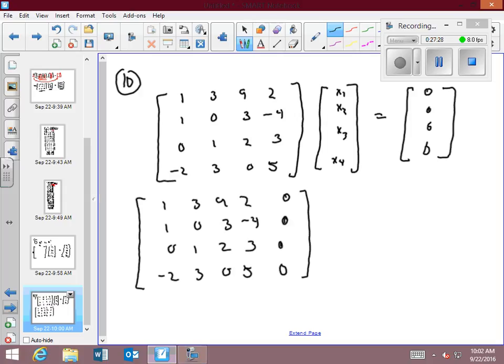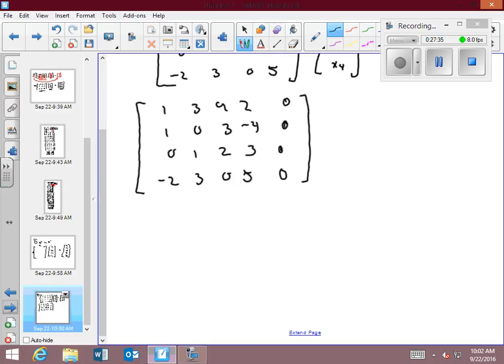And the solution is going to give us our vector x1 through x4 there. So I'm going to move the third row to the second row. Enough trouble without trying to take too many shortcuts.